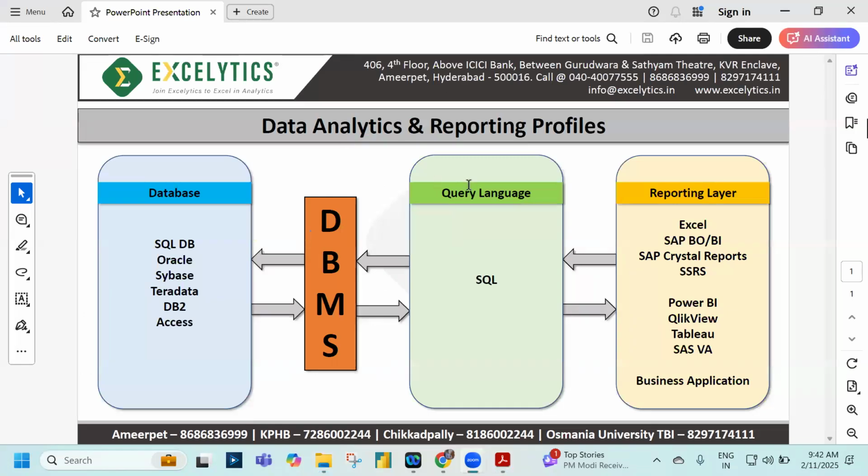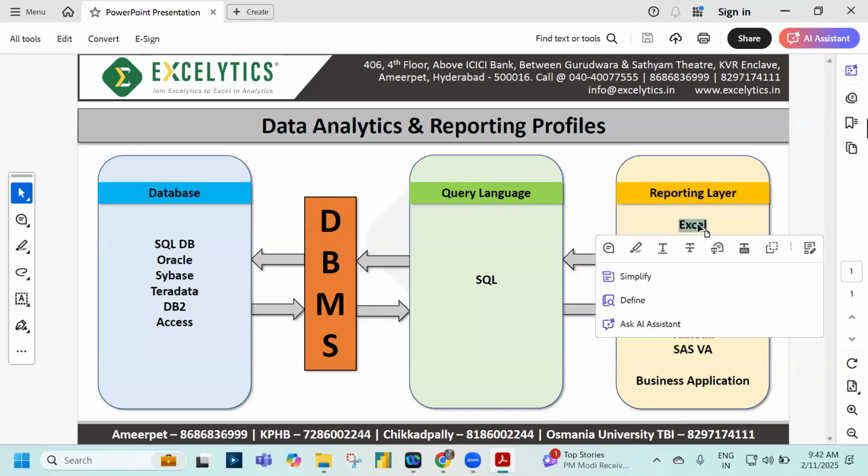So let me show you why SQL is needed. You're working in a reporting layer using Excel or Power BI or different kinds of applications. But to build the reports, what is it that we need? We need the data. So in small organizations, you find the data sets in CSV files or Excel files or different places where they store the data. But when it comes to a bigger organization, as many transactions are there, they cannot use simple Excel sheets. They definitely need to have a database. So if you want to create a report using Excel, you need data, and this data is available in some database.